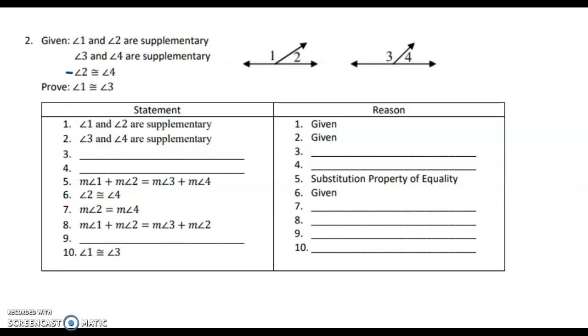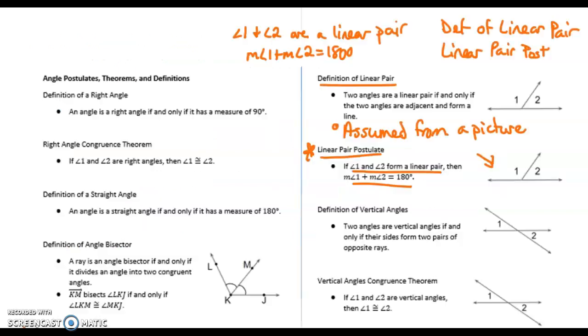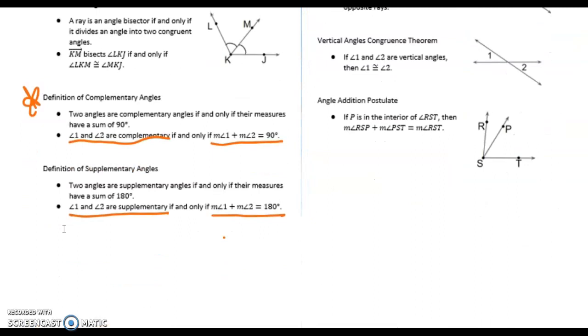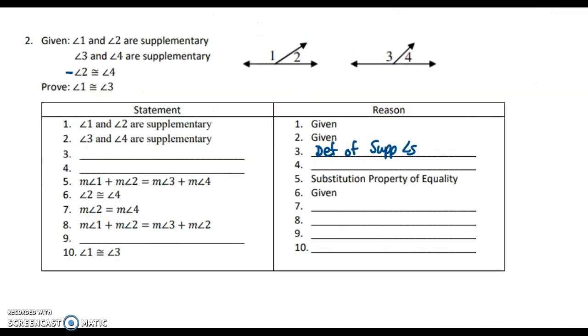So the key word on the first two givens is supplementary. So that tells me, hey, we're probably using the definition of supplementary angles. If you look that definition up, it says if angle 1 and angle 2 are supplementary, then angle 1 plus angle 2 equals 180. That's what the definition of supplementary lets me say.